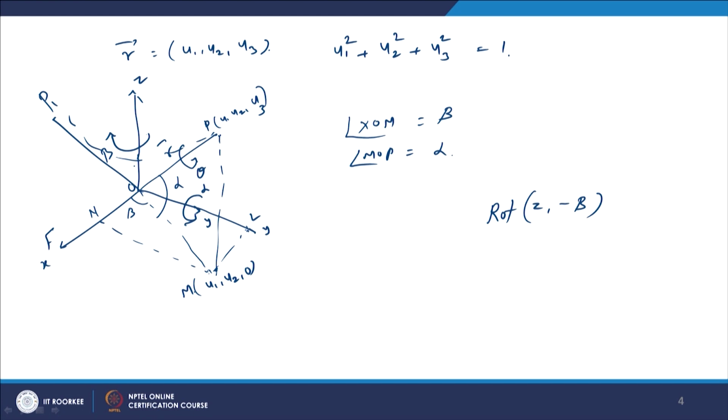Now, OP1 will move towards the x axis. So, it means the movement is z towards x. So, it is a positive direction by an angle alpha. So, we are going to multiply by the rotation about the y axis by positive angle alpha like this.